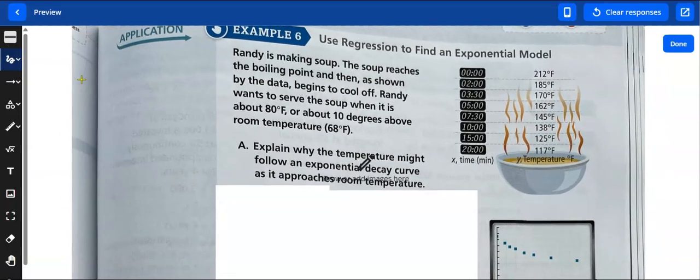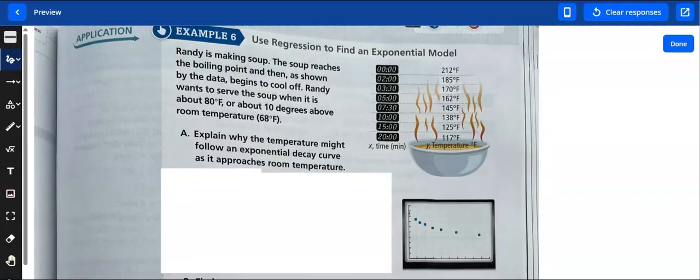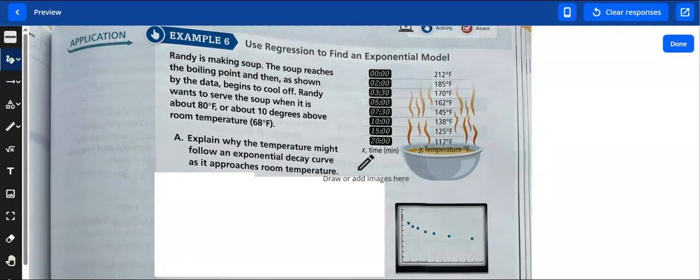Example 6. Randy's making soup. The soup reaches the boiling point and then, as shown by the data, begins to cool off. Is it cooling off in a linear pattern? Is it dropping the same number of degrees every single minute? No, it's not. Folks, it's going to be doing something like this. What is it getting closer and closer and closer to?